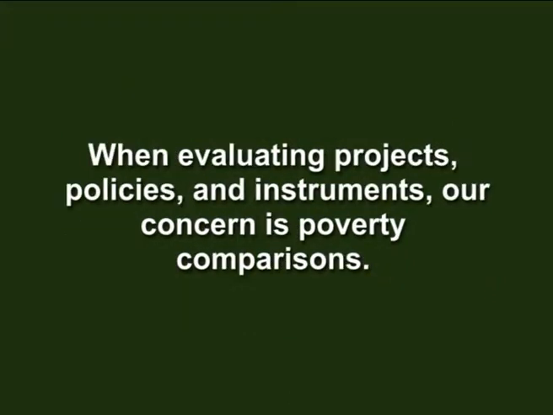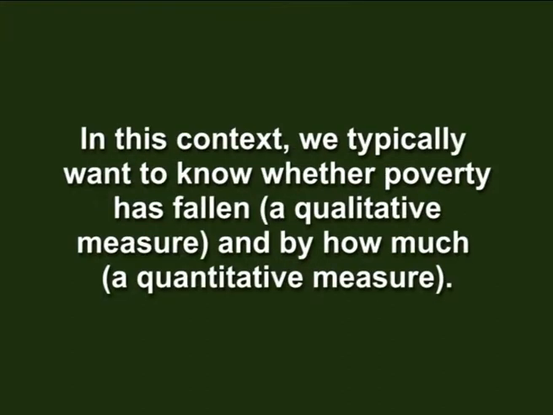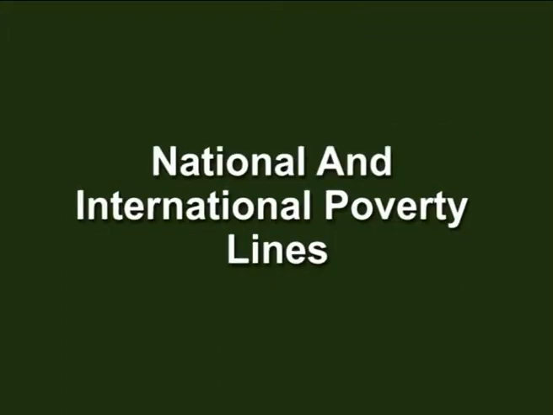When evaluating projects, policies and instruments, our concern is poverty comparisons. In this context, we typically want to know whether poverty has fallen, a qualitative measure, and by how much, a quantitative measure. Now let's see what the national and international poverty lines are.